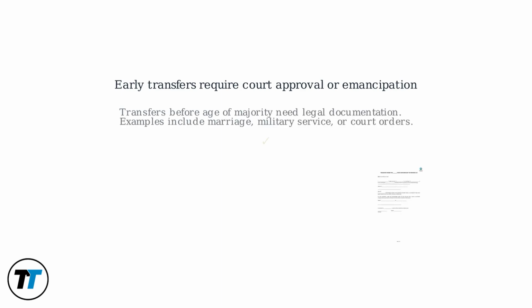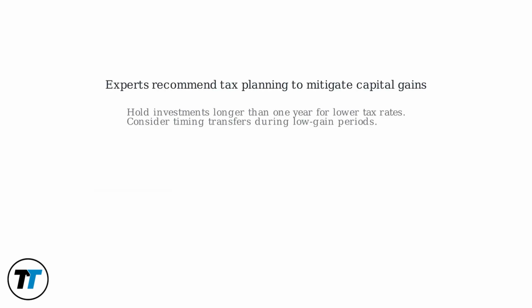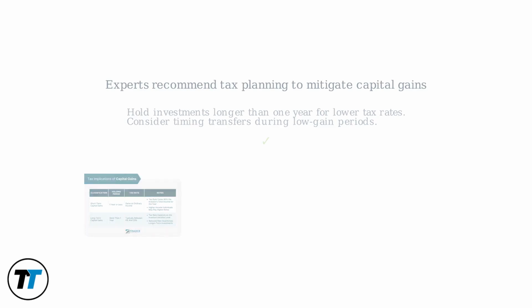Early transfers before the age of majority require court approval or proof of emancipation, such as through marriage or military service. This protects minors while allowing flexibility in special circumstances. Financial experts strongly recommend tax planning to minimize capital gains taxes. Holding investments longer than 1 year qualifies for lower long-term capital gains rates, potentially saving thousands in taxes.